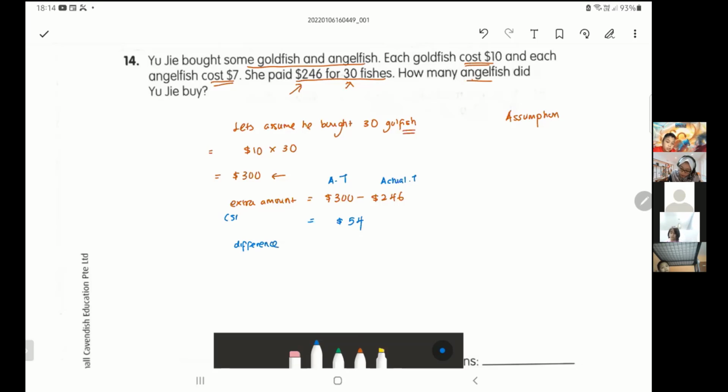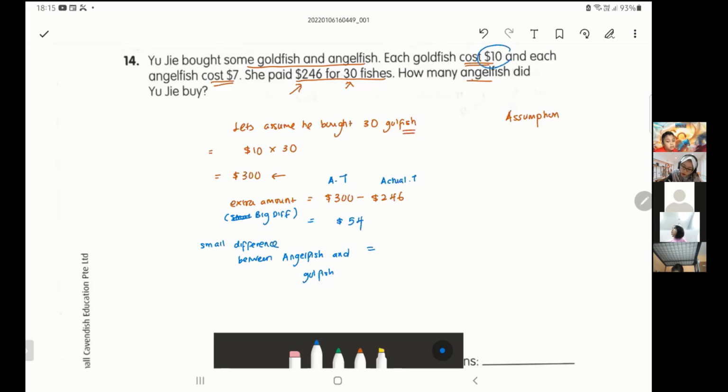Next, you're going to find the difference. This is called the big diff. This is called the small diff. The small difference means the difference between angelfish and goldfish.